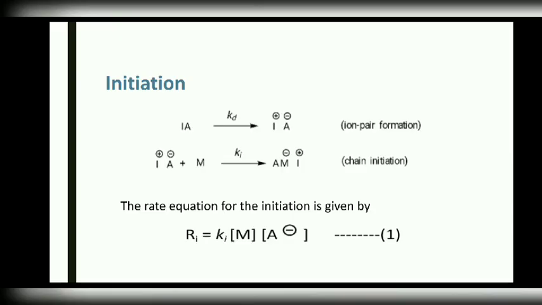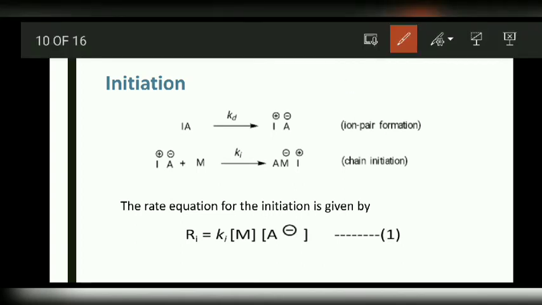Now let us know about the kinetics of the anionic chain polymerization. In the first step, that is in initiation, what happens? This is the initiator molecule, and this decomposes to give an ion pair.